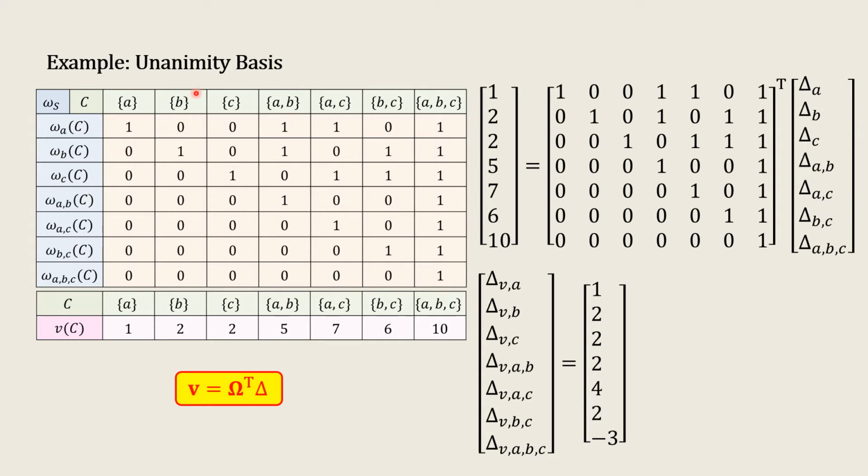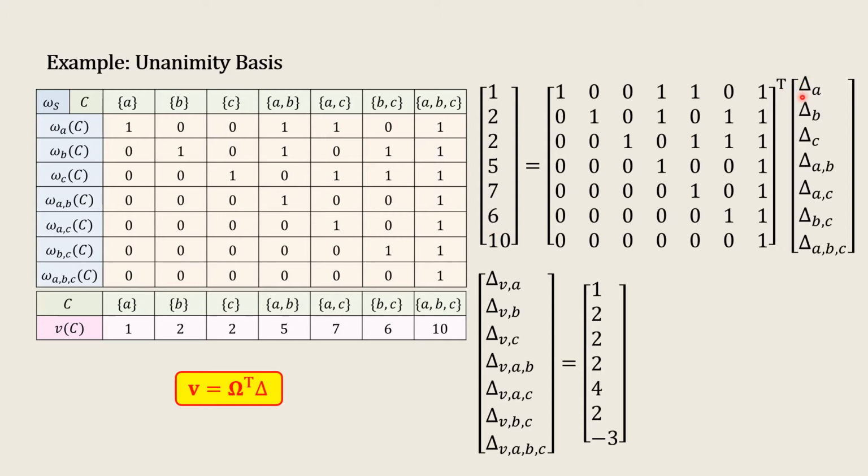So consider this game here. These are all the unanimity functions for all the coalitions, A through ABC. I take all these zeros and ones and place them in this matrix here, and the values are in this vector here.